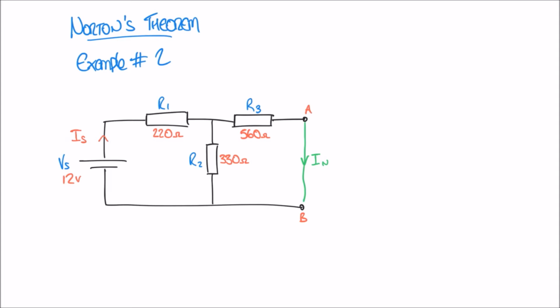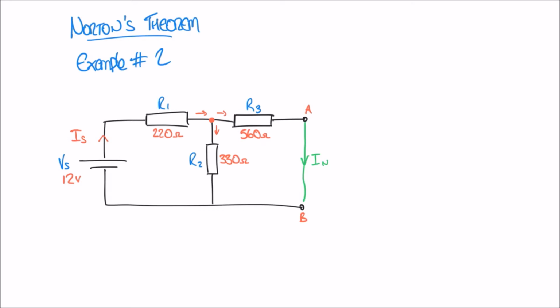And what we'll find is that IS travels around the circuit, but it'll reach a junction here where some of IS will split, and some of it will go this way and some of it will go this way down through R2. And so before we can start thinking about how much current is going to flow from terminal A to terminal B, I need to work out the supply current first.